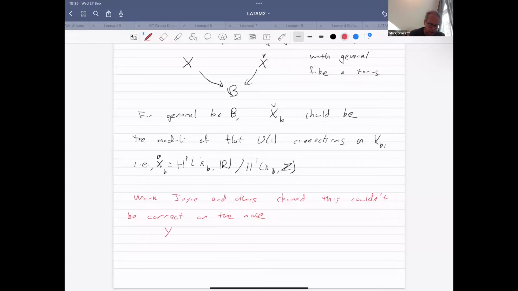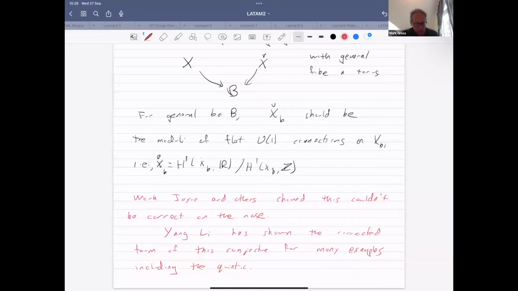So work with Yang Li over the last few years has shown the corrected form of this conjecture for many examples, including the quintic. So that's very recent work.